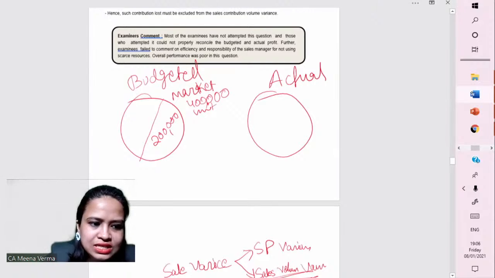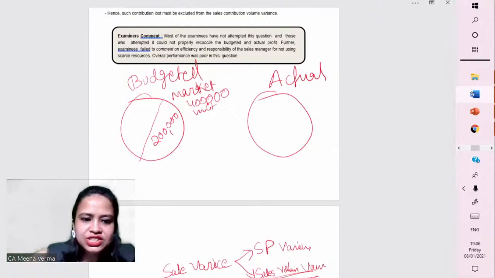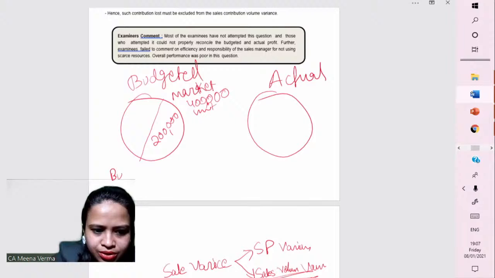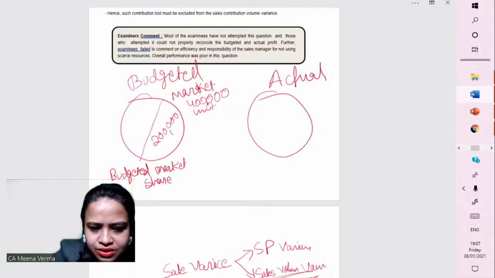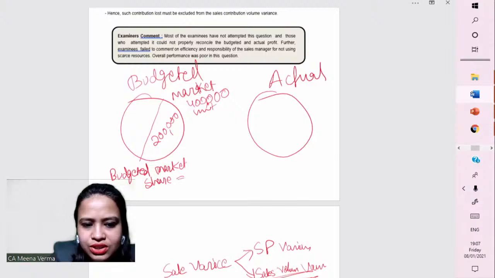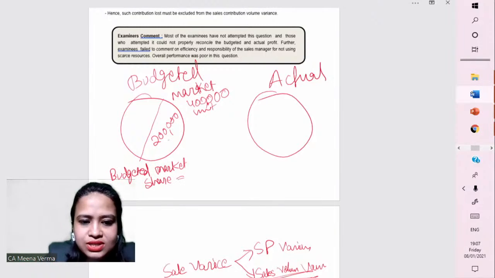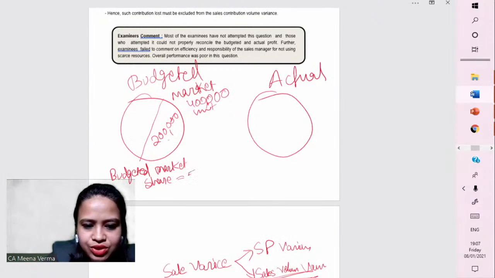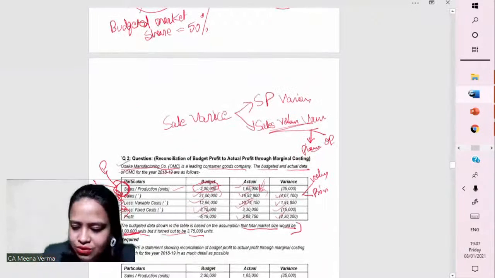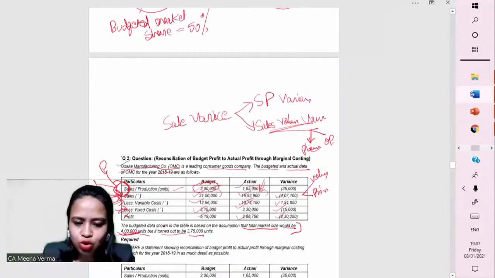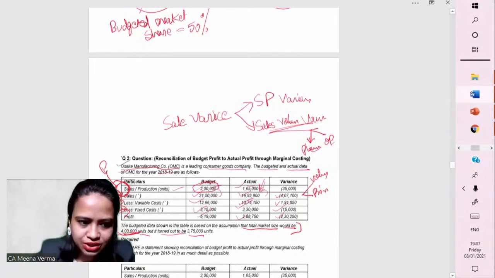So what is this budgeted market share? 2 lakh divided by 4 lakh, that is 50%. This company was budgeted to occupy 50% share.